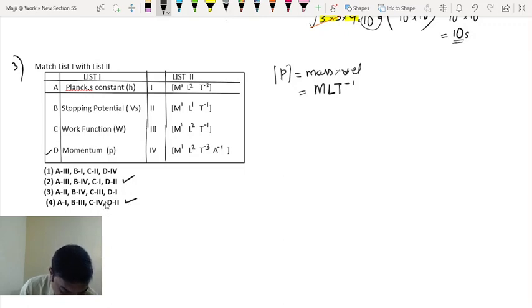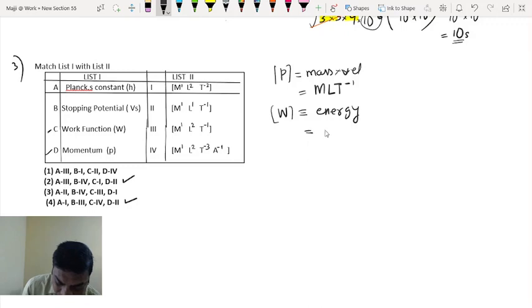What is the next easiest one? Next easiest one, I will take work function, because work function is after all what? Energy. It is the minimum energy needed for an electron during photoelectric effect to come out of the surface of the metal. So basically work function is essentially energy.